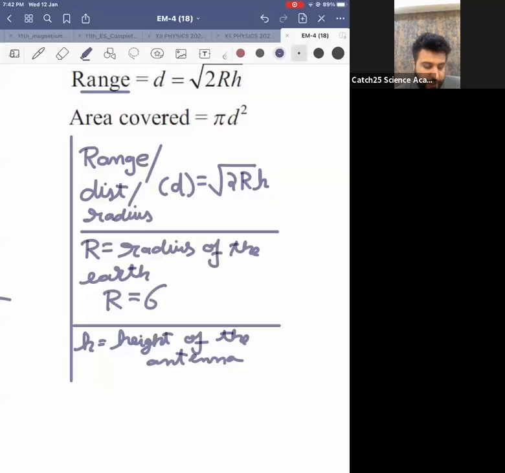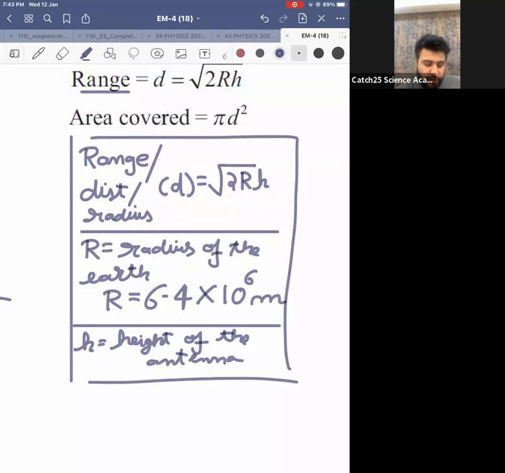Therefore, radius of the earth constant value is 6.4 into 10 power 6 meter. Now, this is the first formula for antenna. Understood? Last class, you had written two formulae: one is wavelength and frequency, the other electric field and magnetic field. This is the third formula that comes in your chapter, that is the range or the distance or the radius covered by an antenna.